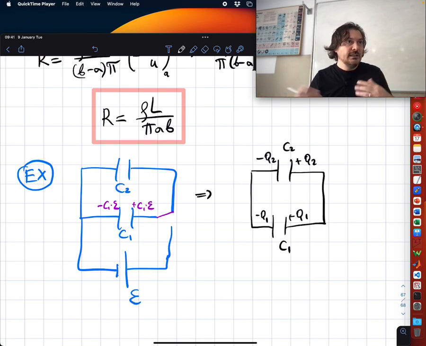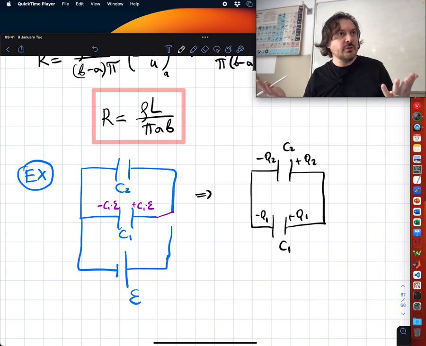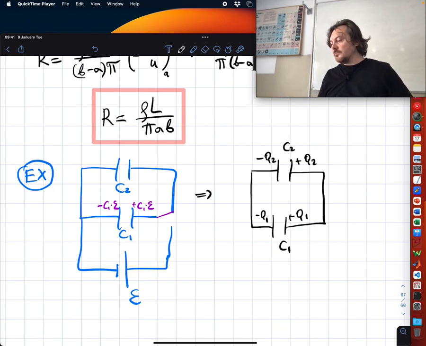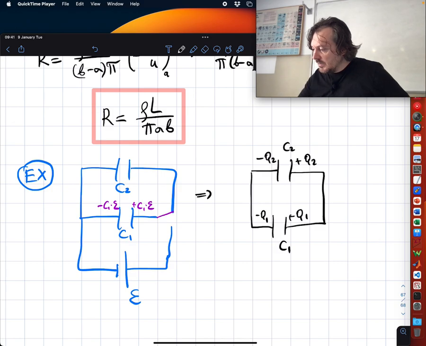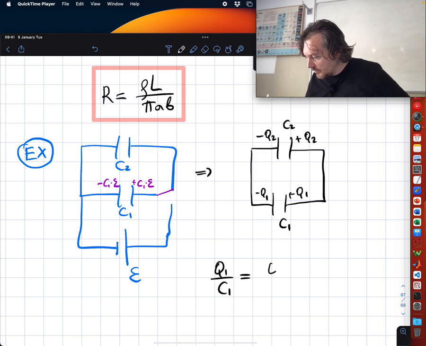Because when they are in parallel, we say that the voltage is the same, right? Are you following? Okay. So the potentials are the same. That's why Q1 over C1 equals Q2 over C2.